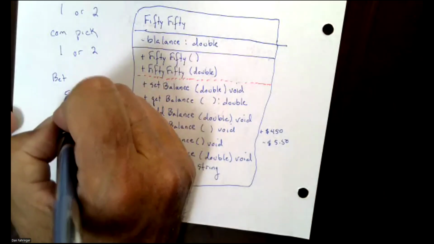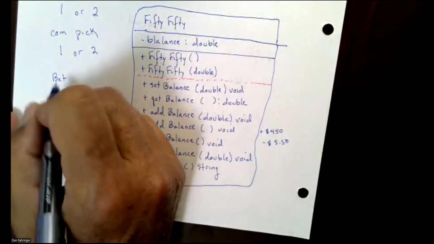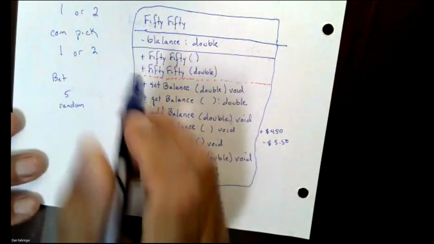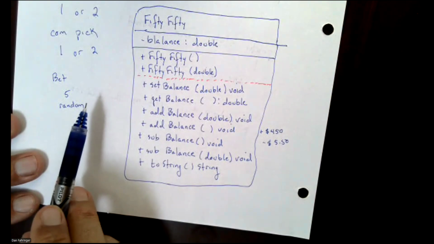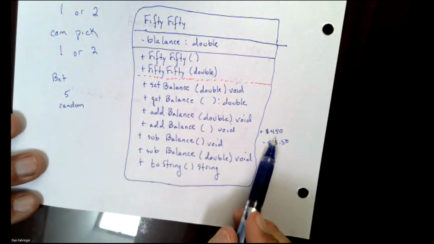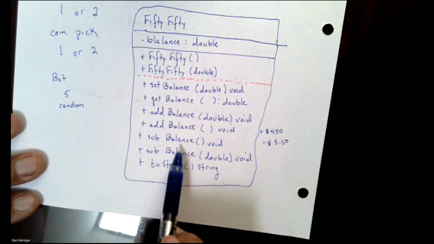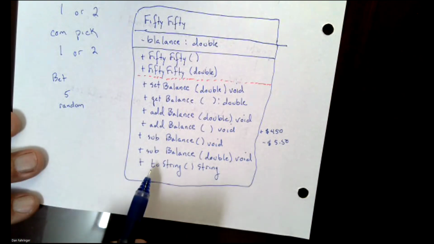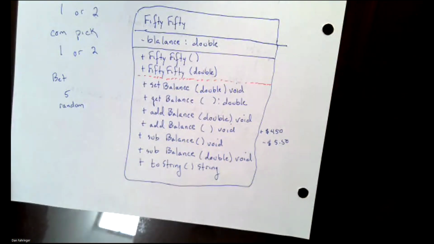Now, bet is five, or I can bet the random. For the random, if I win, it just adds 450. But if I lose the random, it subtracts 550. Finally, a toString to print everything out.